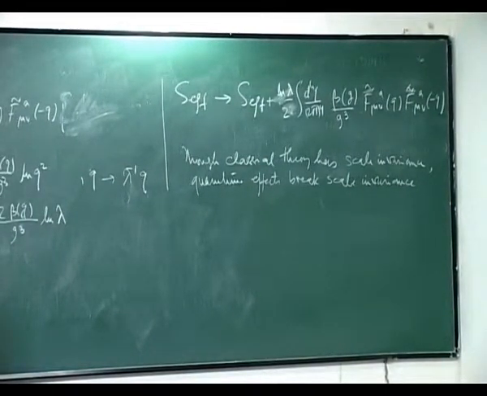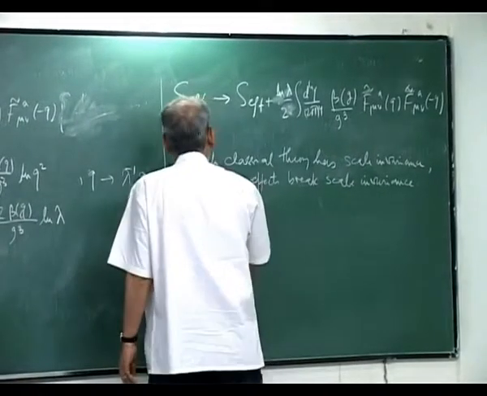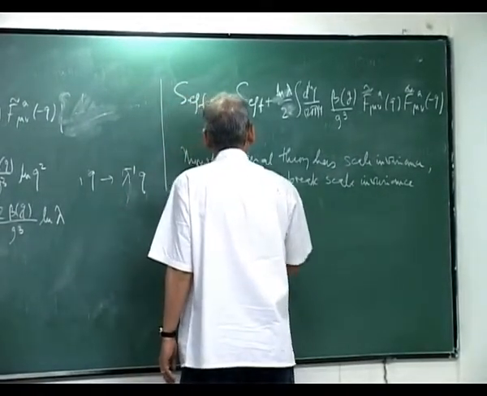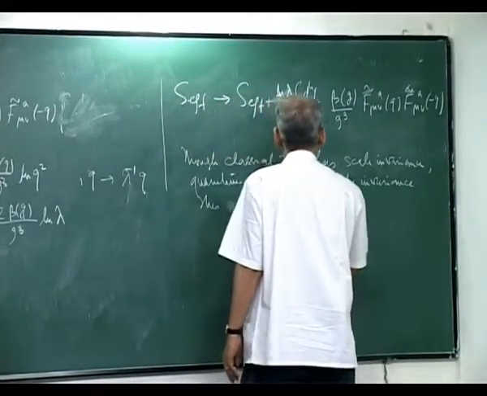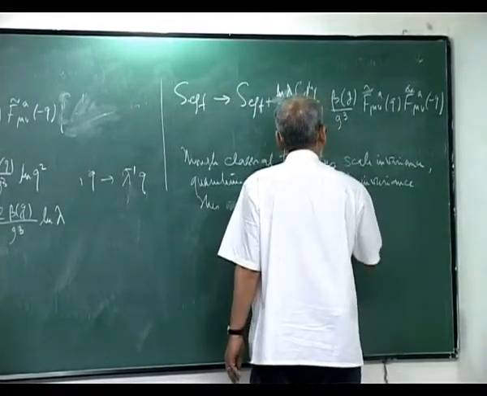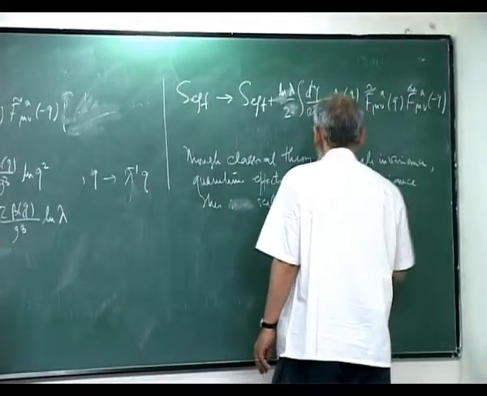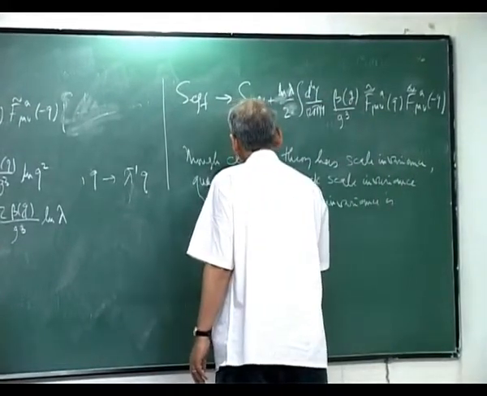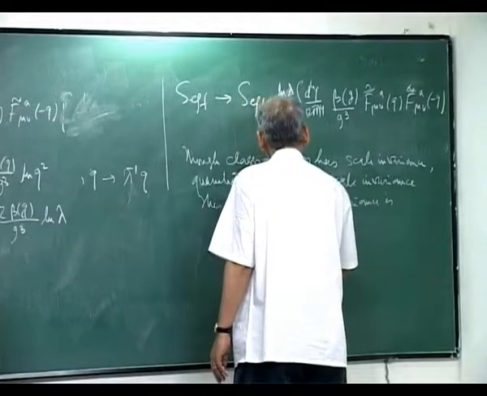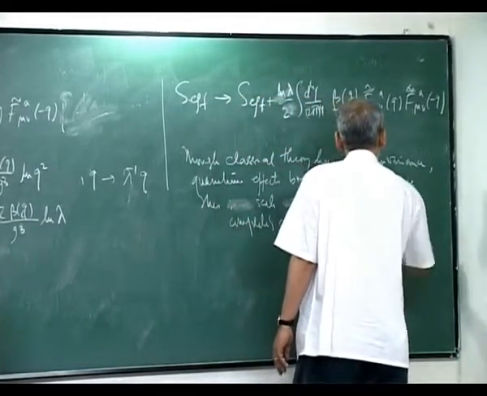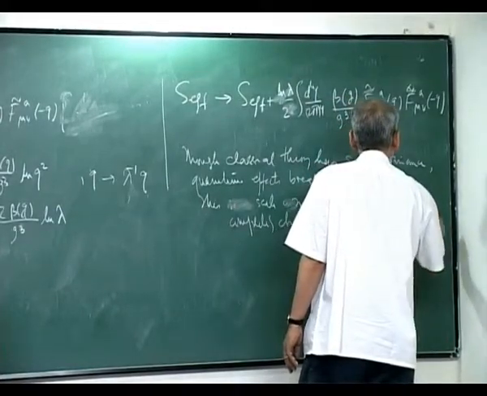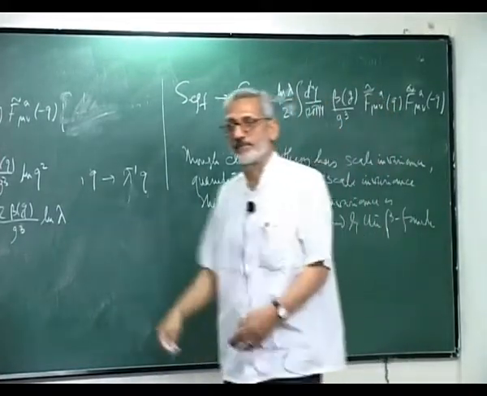Clear? And this scale non-invariance is completely characterized by the beta function, by g square, g cube.